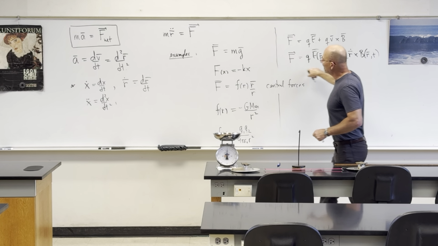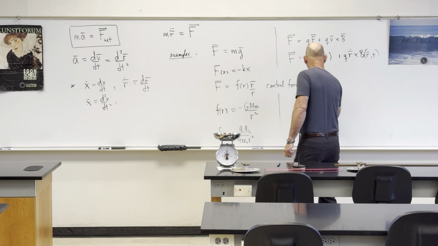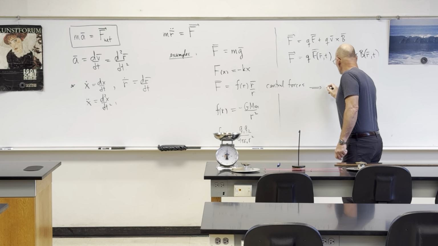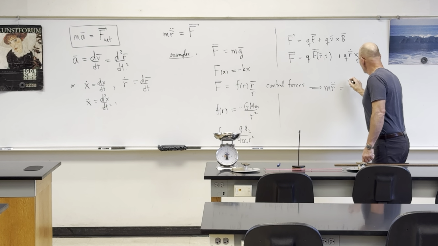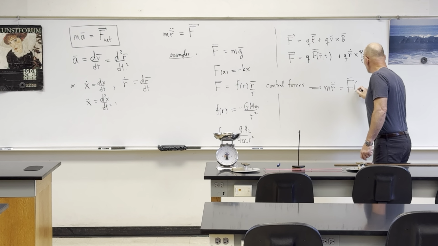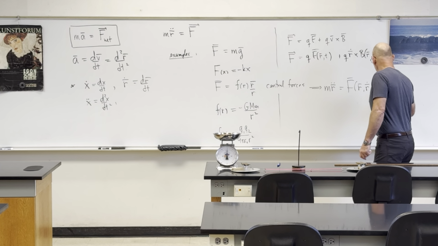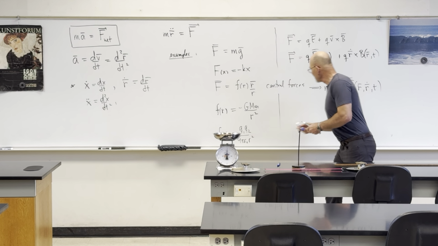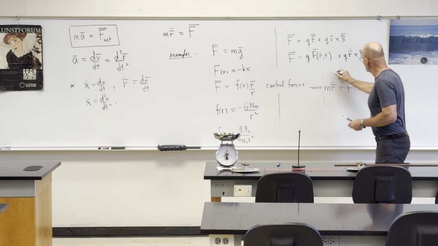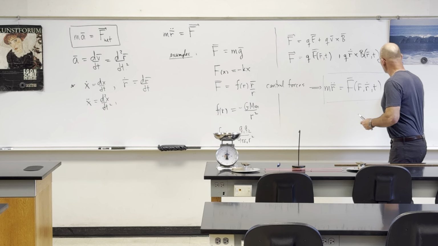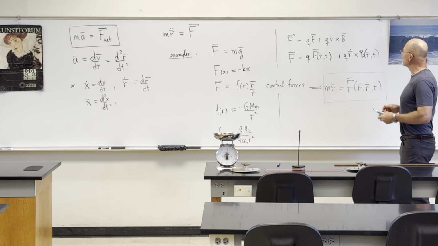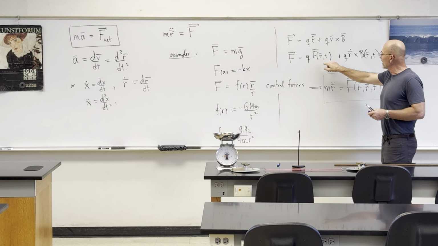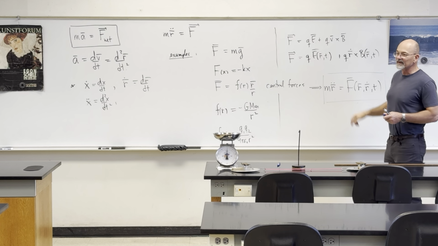The most general case of all of these is that we would have Newton's law, mass times acceleration is a net force that's a function of the position, the velocity, and even the explicit time. So that would be the most general case. And towards the middle of the semester, we're actually going to do this one with constant E and B with a very interesting result.